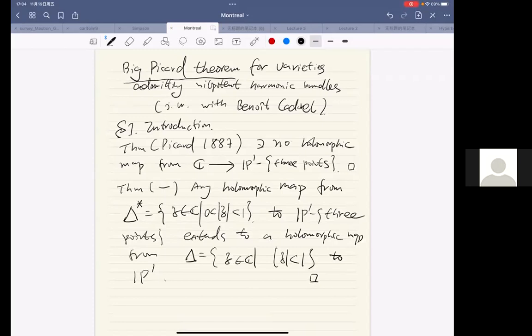So this is the so-called great Picard theorem, or big Picard theorem.